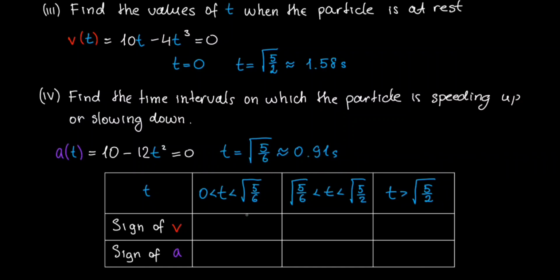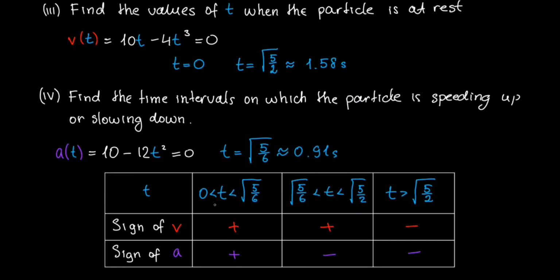So here we have three different time intervals, and the signs for velocity are going to be plus, plus, and minus. And on the bottom, for acceleration, we have plus, minus, and minus.